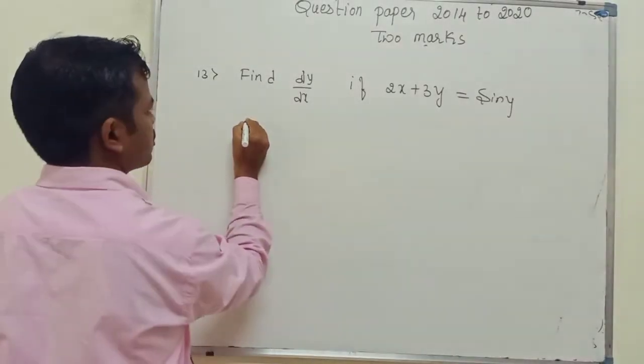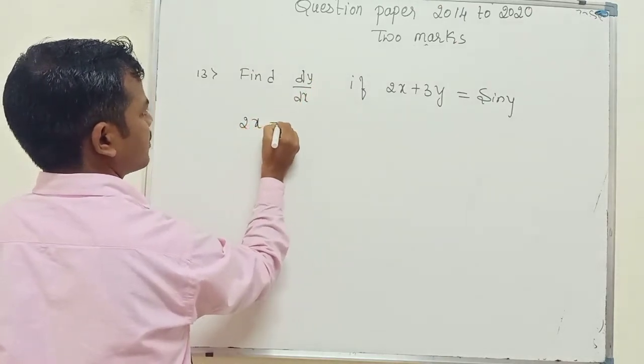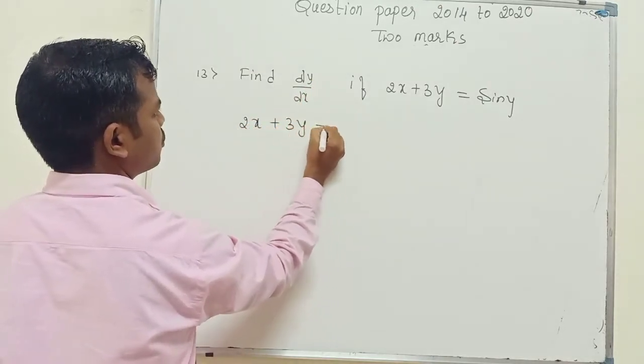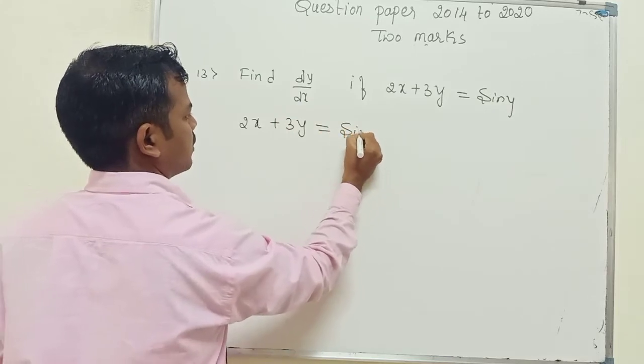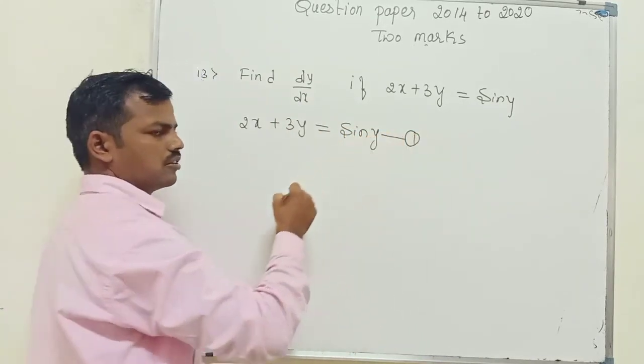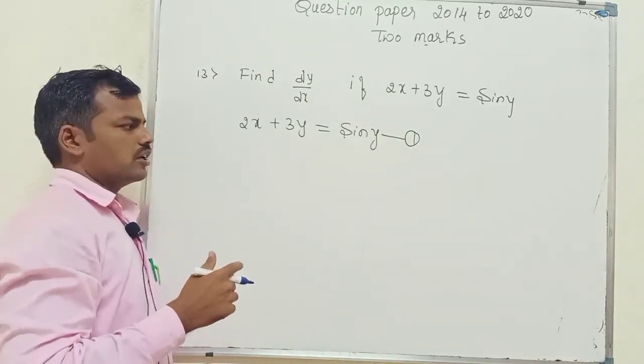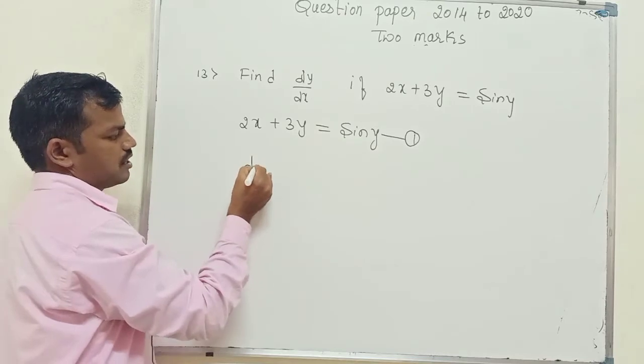The given equation, for which we have to find dy by dx, is 2x plus 3y is equal to sin y. Let me name it as 1. Now differentiate 1 with respect to x.